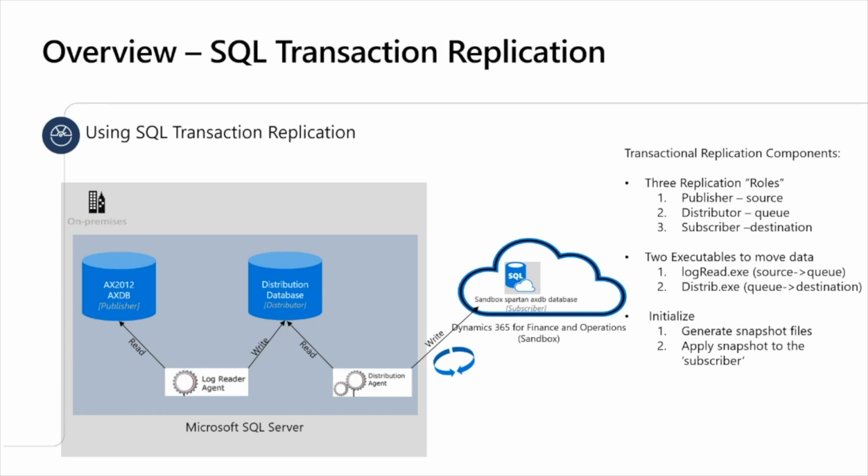With this toolkit, we are automating all these processes to set up distributor, database linking, publisher, subscriber, etc. So this SQL transaction replication setup is automated with the new toolkit that we have released, right?